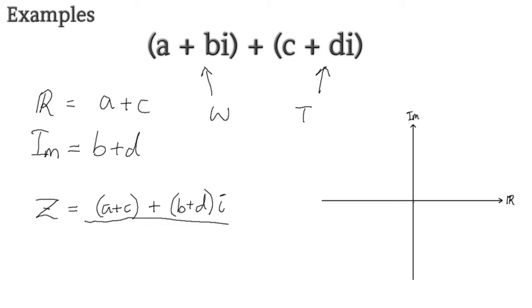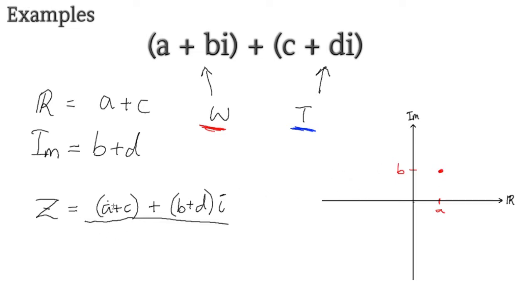Let's use red. So I'll have w as red and t as blue. So let's start with w plus t. So w, a plus bi, is essentially a lots of bi, which is over here.